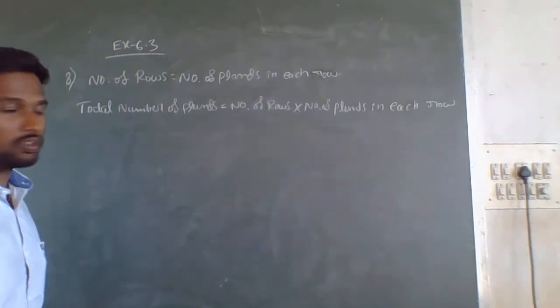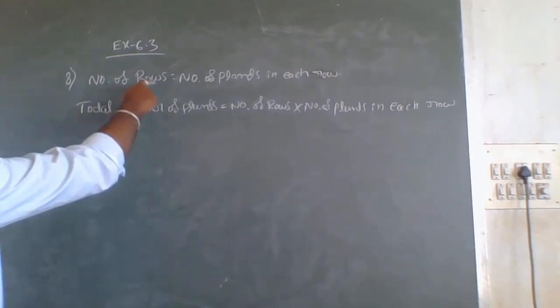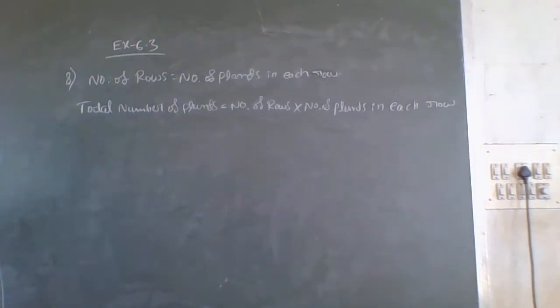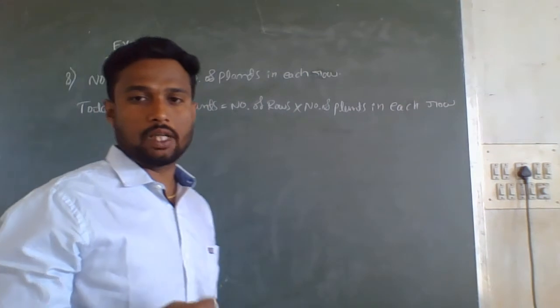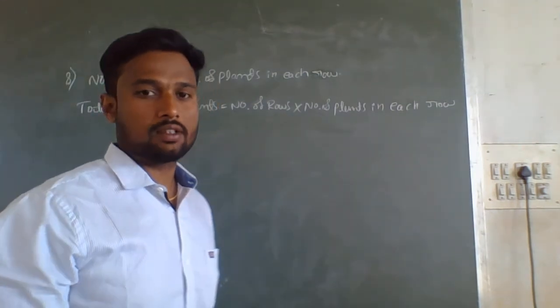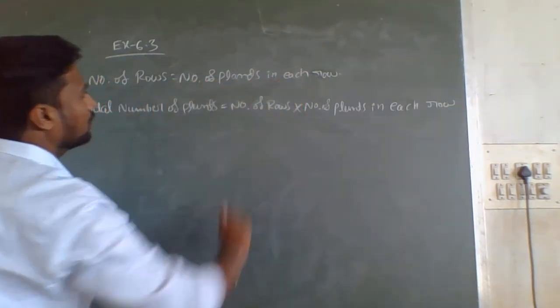In the question they have given that they are planting in such a way that in the first row there is one plant, in the second row two plants, in the third row three plants. Therefore the number of rows equals the number of plants in each row.